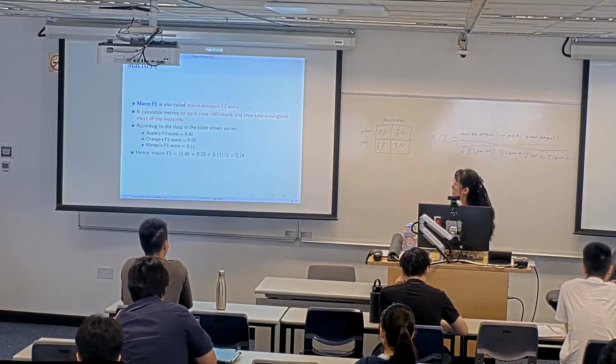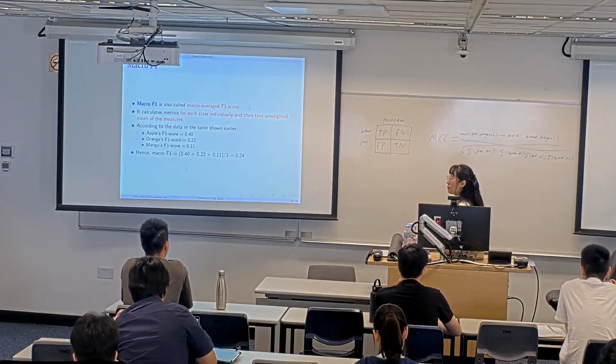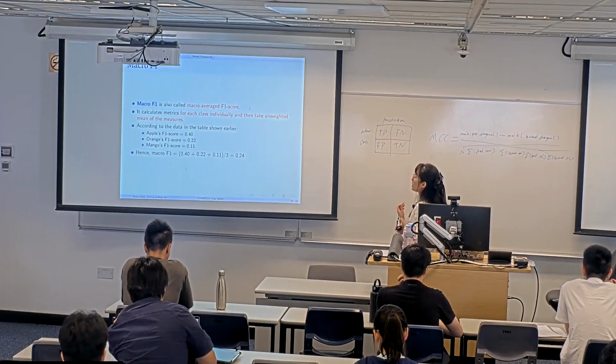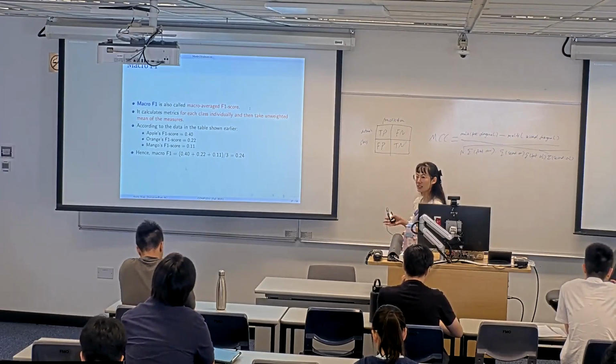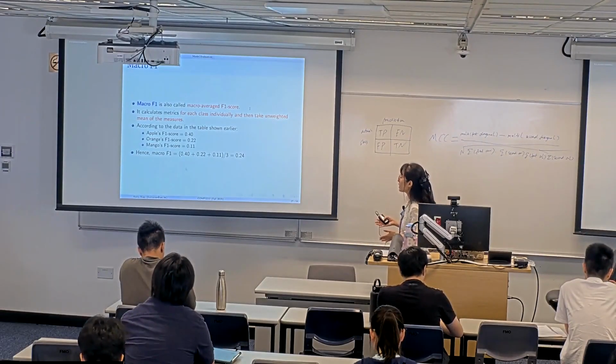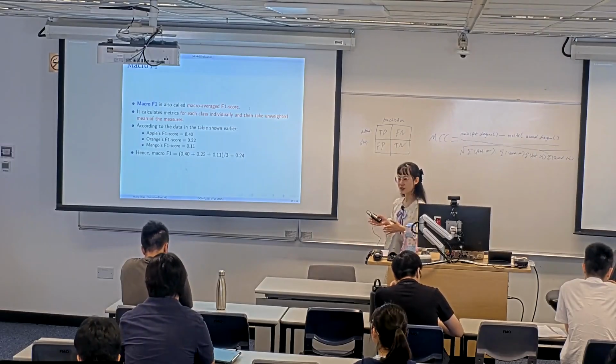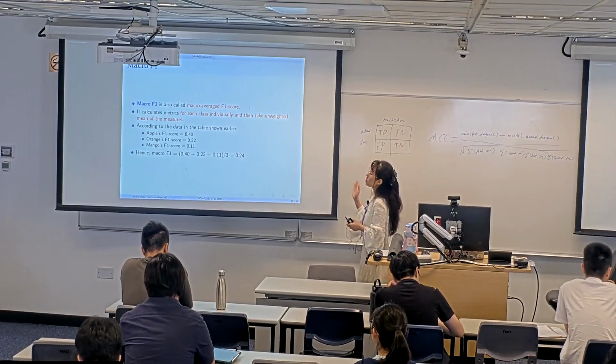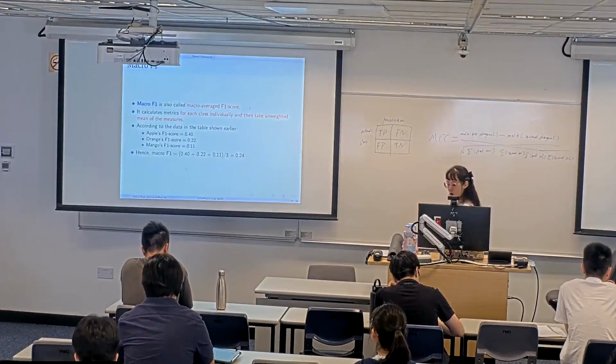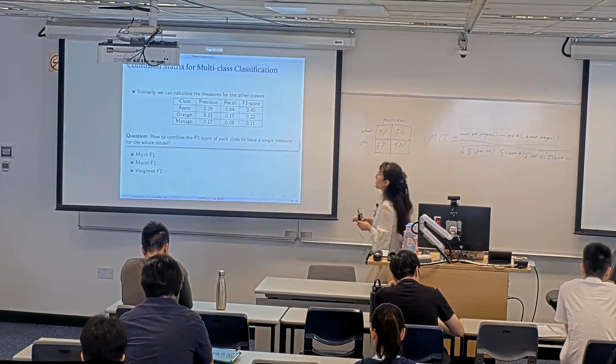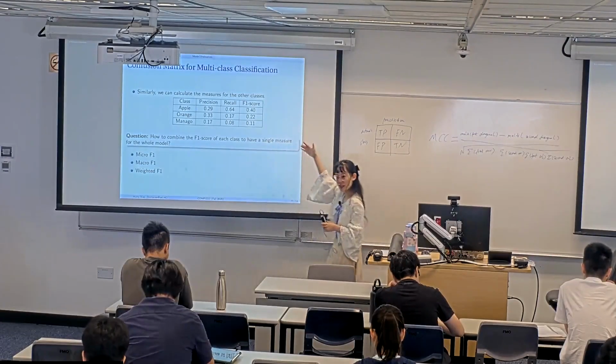Then the second one is called macro F1. Macro F1 calculates the metrics for each class individually and then takes the unweighted mean of the measures. According to the previous data in the table, we already calculated the metrics for each of the single classes.